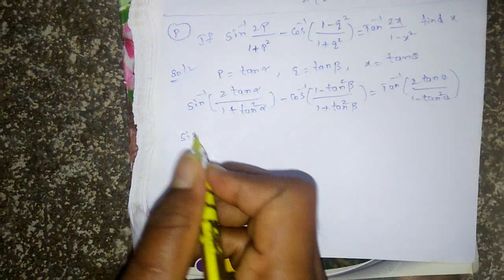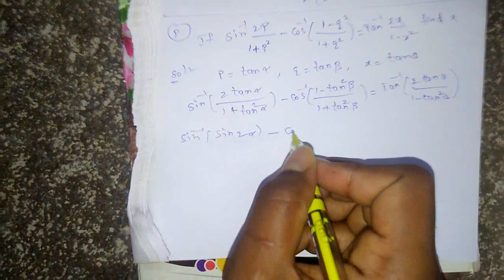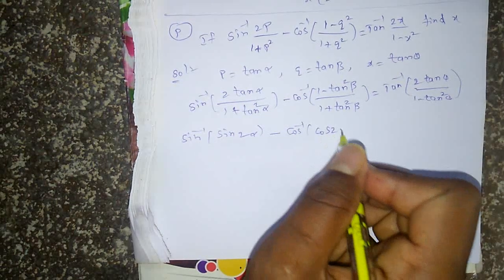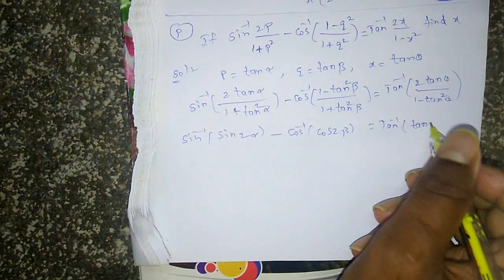So this is the formula for sin 2 alpha, this is the formula for cos 2 beta, this is the formula for tan 2 theta.